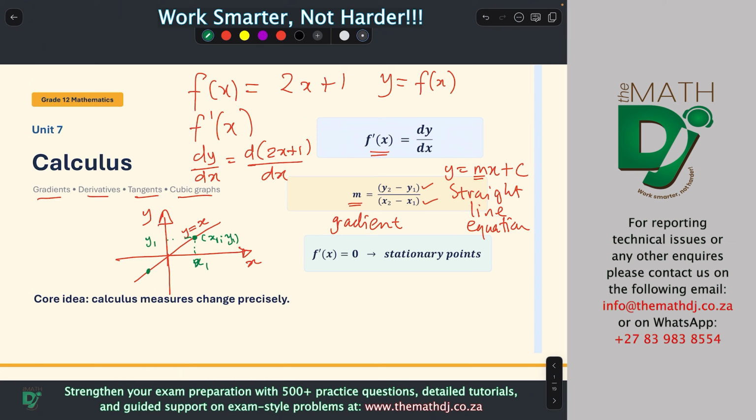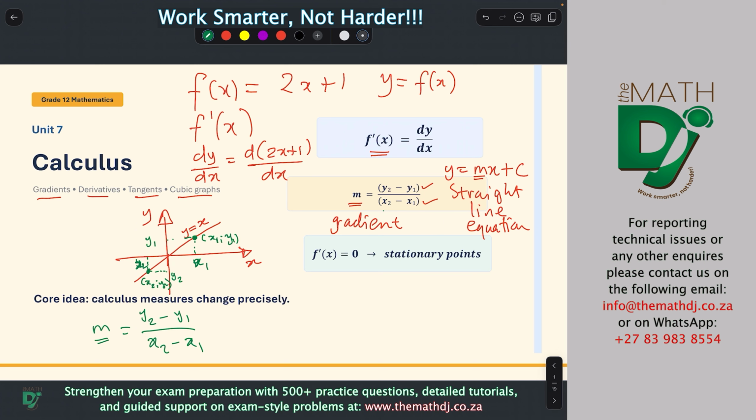The other one will be (x2, y2). So the gradient, using 2 points, is change in y over change in x: y2 minus y1 over x2 minus x1. That will be the gradient m. So that's how we get to this formula.